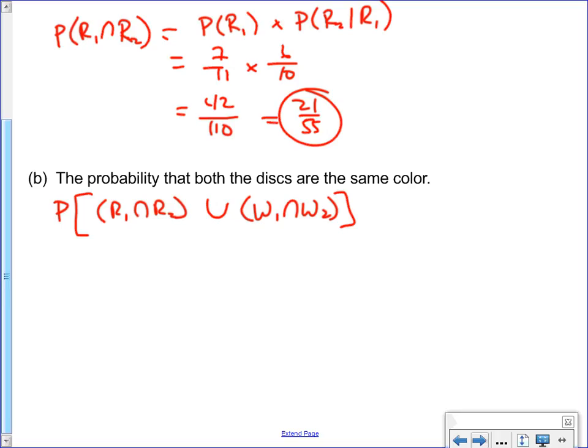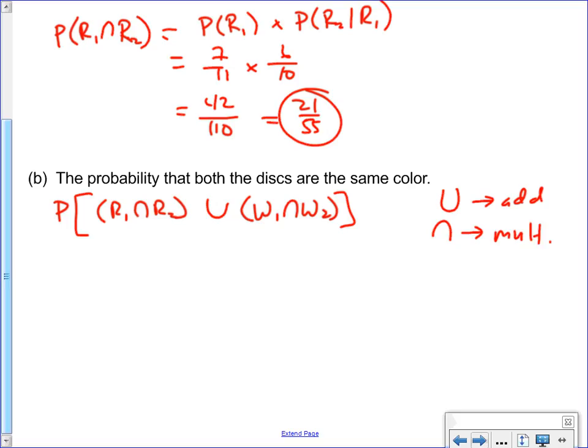And remember that, let's put it off to the side, union means to add, and intersection means to, do I have it backwards? No. Union means or, add, intersection is multiply.